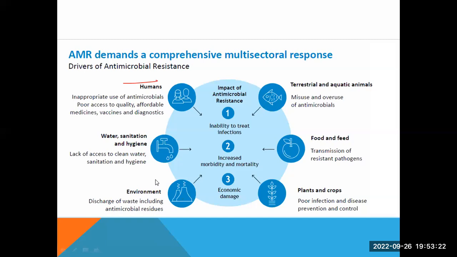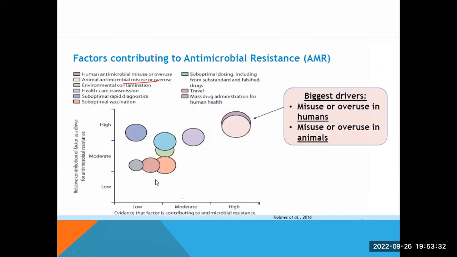And the plants, they spray streptomycin on some plants, and this is crazy, and this is creating more and more of a vicious problem. So the factors contributing to antimicrobial resistance are many, but one of the biggest drivers, as you can see in this study published in 2016, is the misuse or overuse on the human side and on the animal side as well.